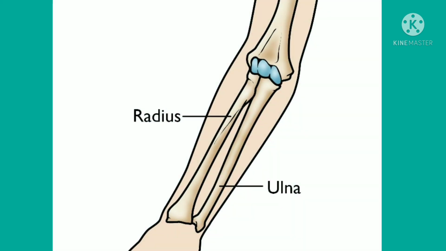Radius or radial bone is one of the two large bones of the forearm. The other bone is the ulna. The ulna is usually slightly longer than the radius, while the latter is usually thicker.